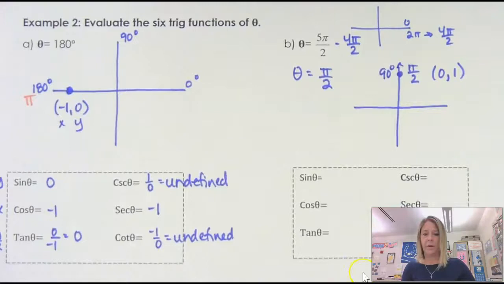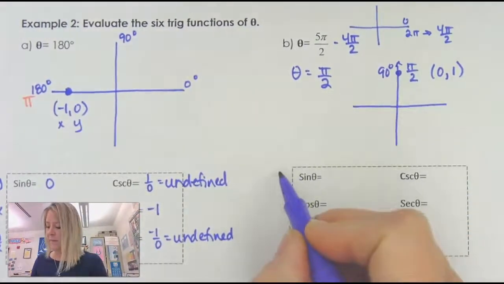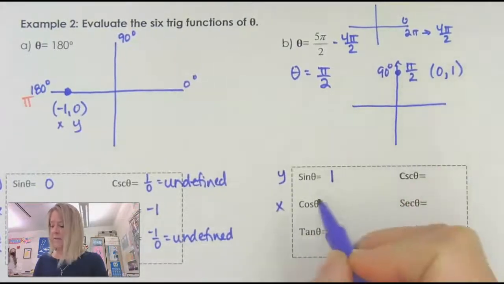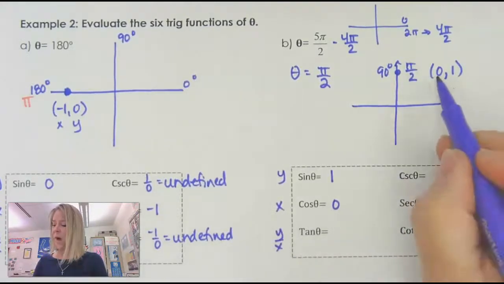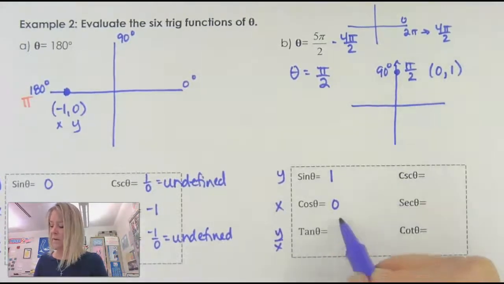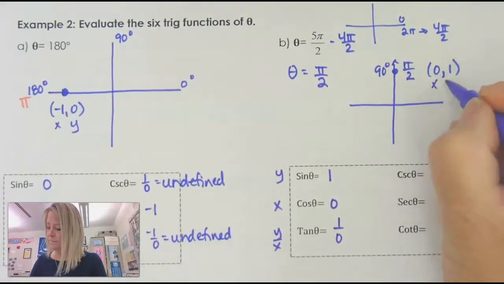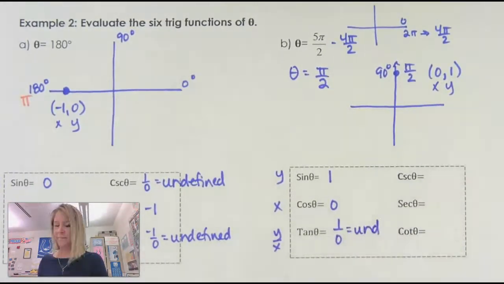Now when I go through to find my 6 trig functions, sine matches up with the y value, which is 1. Cosine matches up with the x value, which is 0. Tangent's y over x. Sorry, y is 1, and 0 is my x value. You can't divide by 0, so this is undefined.